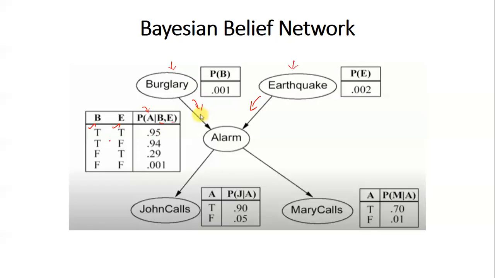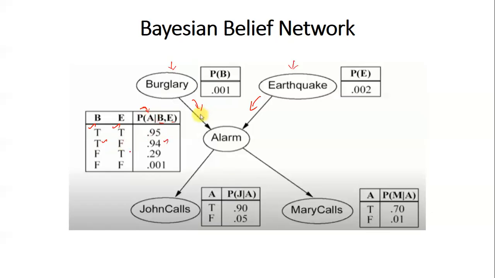Similarly, what is the probability of the alarm given that burglary has occurred but there is no earthquake? That is, some intruder has entered your home but there is no earthquake. In that case, what is the probability that the alarm will make noise? It is 0.94.